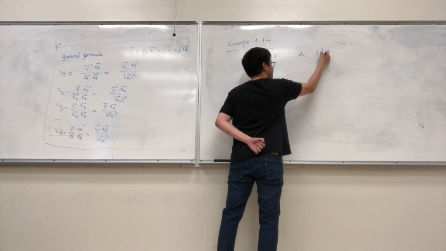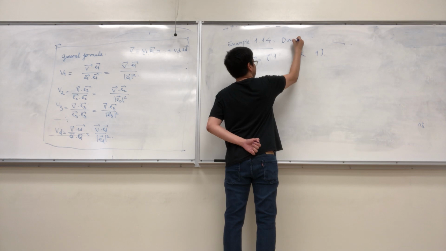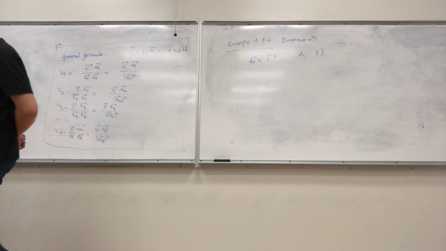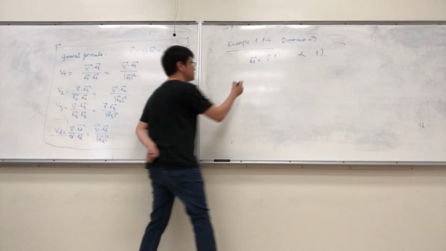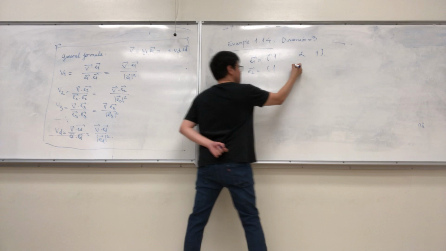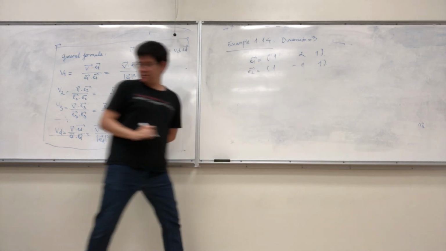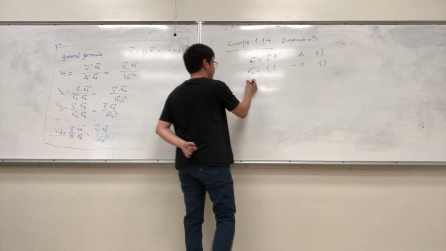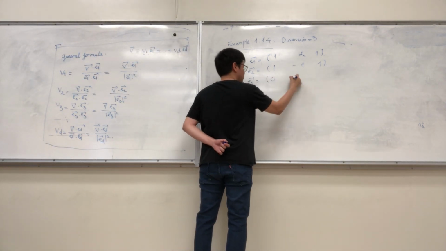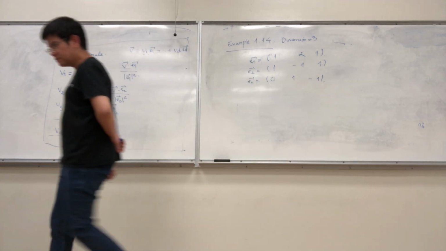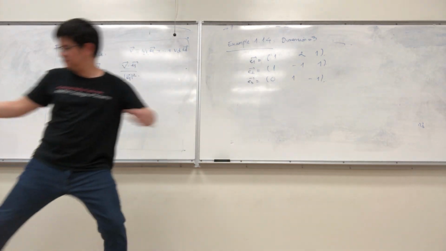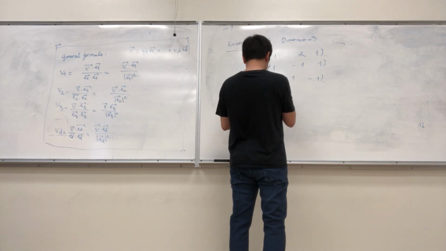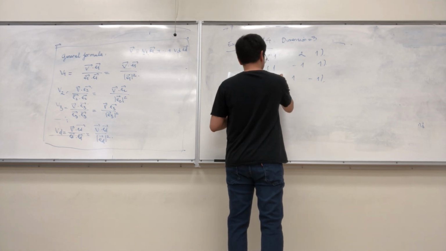Dimension is 3. All right. The second one is 1, minus 1, 1. And the next one is 1, 0, minus 1. This is 1, 2, 1; 1, minus 1, 1; 1, 0, minus 1.